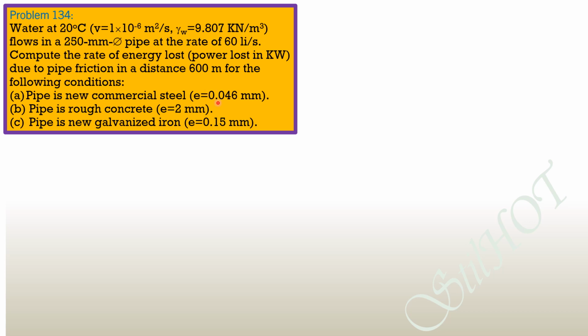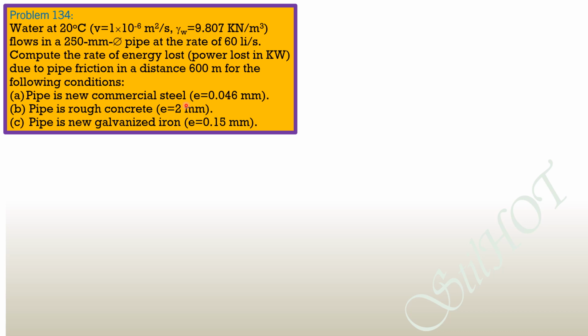So this is a very small roughness. So we can assume that the pipe behaves as a smooth pipe, and let's verify that later by computing the thickness of the viscous sublayer. And B, pipe is rough concrete. E is 2 mm. So here we can assume that the pipe is behaving as fully rough.